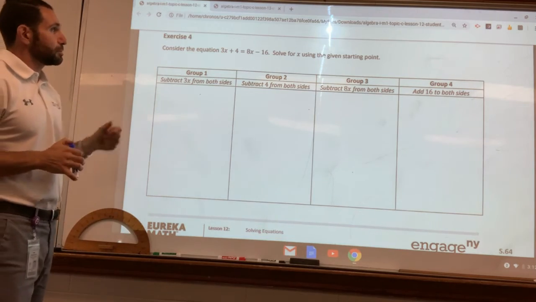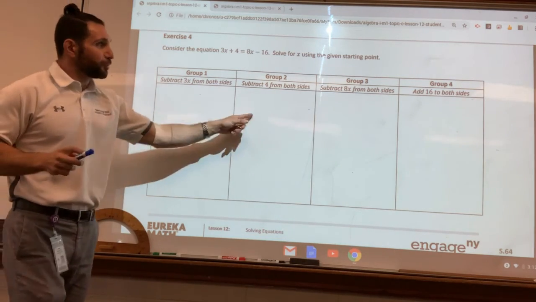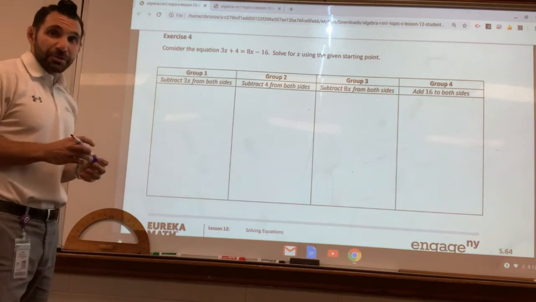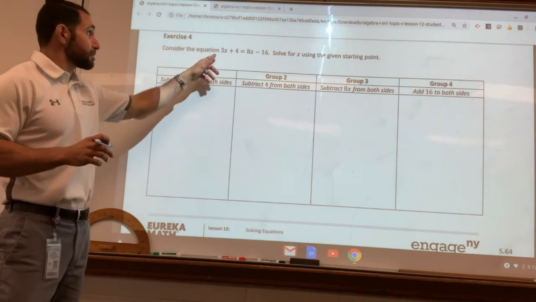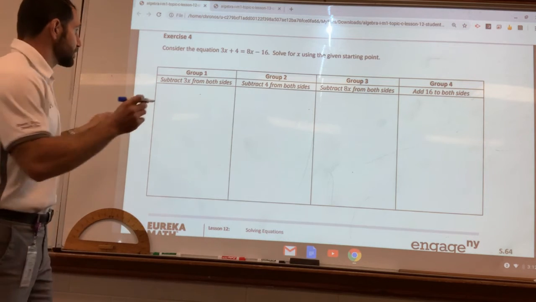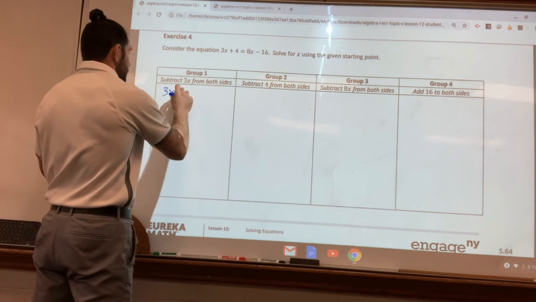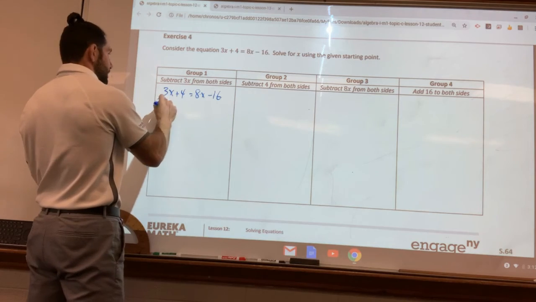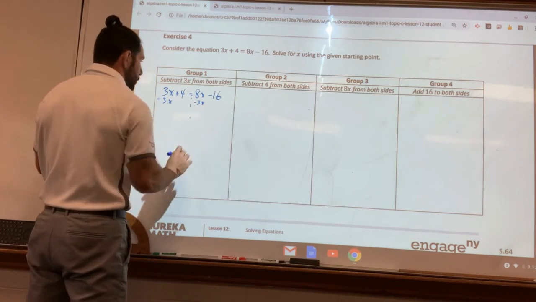Consider the equation. Look at all, there's 4 different ways to start the problem. I want you to choose 2 of them and solve this problem and choose one of the 2 groups and actually see what happens. So if I do this, subtract 3x from both sides, okay? And then I would work the problem out.